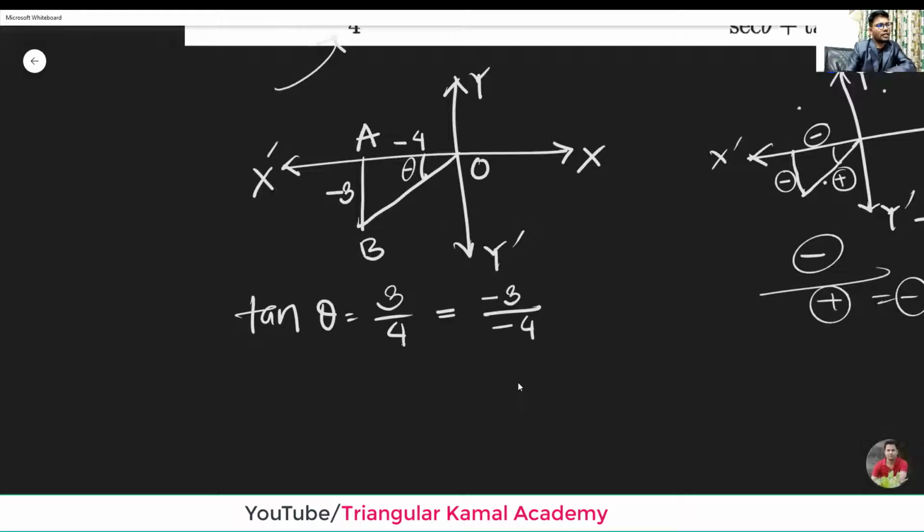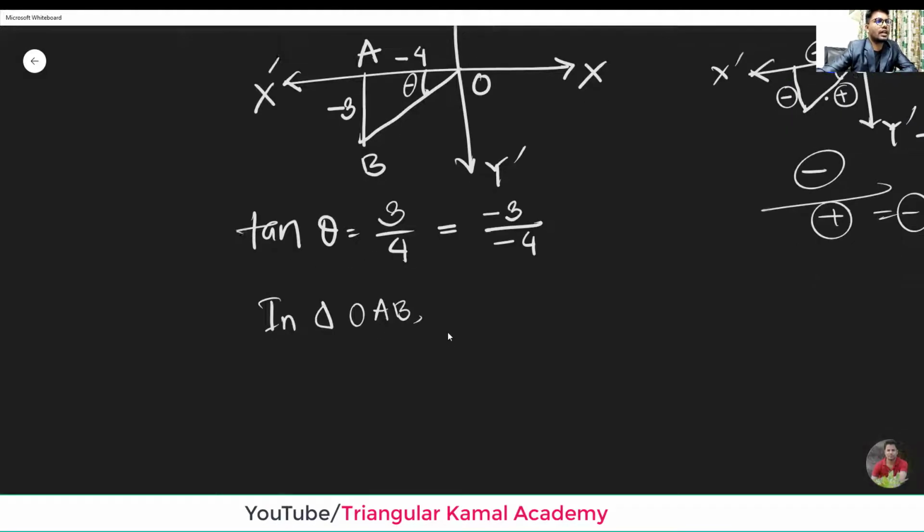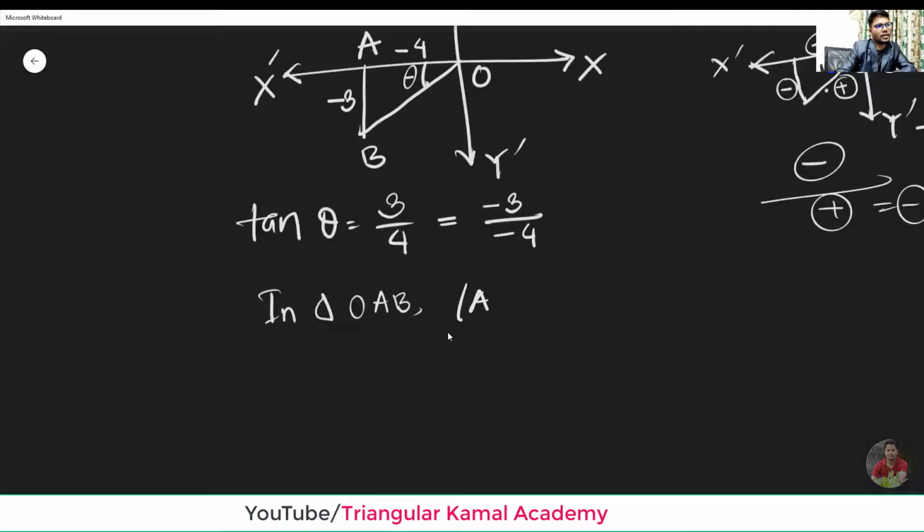Here now in triangle OAB, A is the right angle, A is equal to 90 degrees. By using Pythagoras' theorem, easily you can identify OB square is equal to OA square plus AB square.